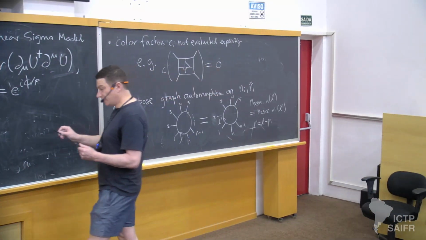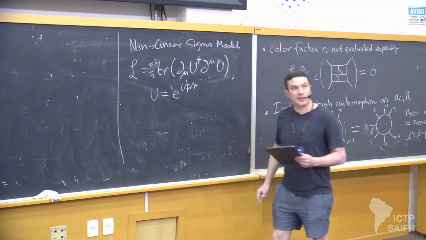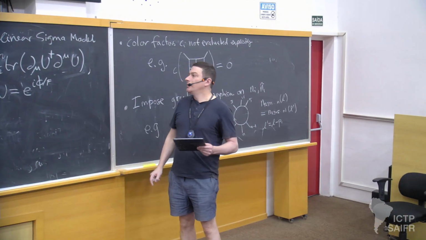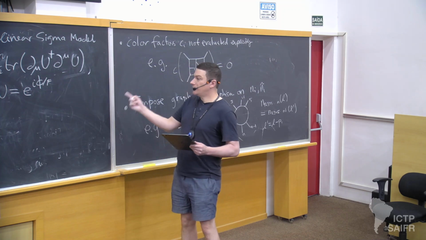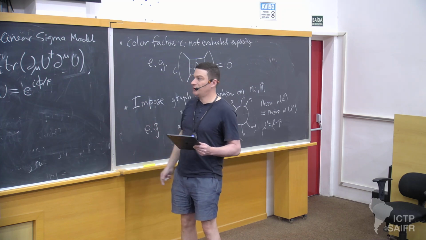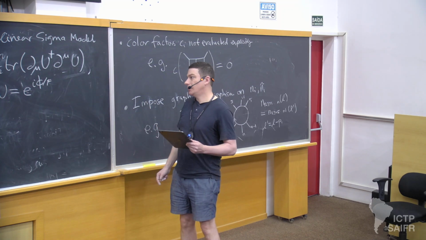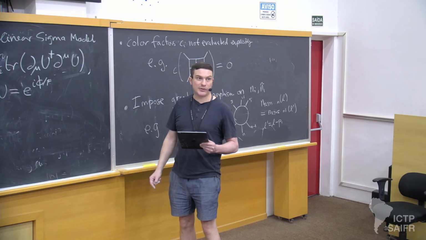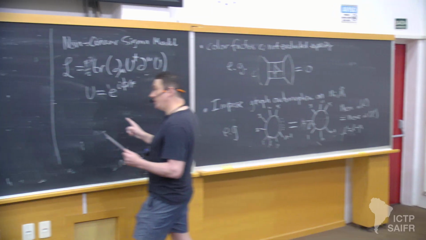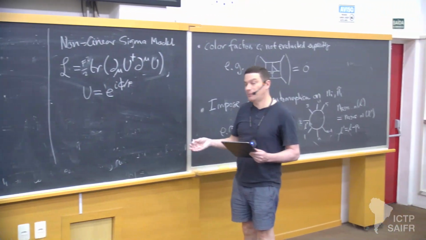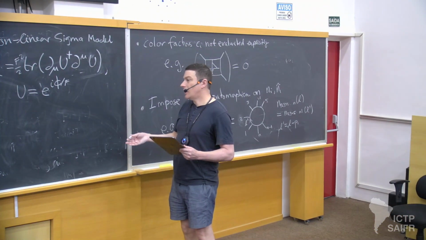But the point is that obviously this Lagrangian does not look anything like what we would expect from Color-Kinematics Duality, but there is a way to massage it, and there's been some work due to Clifford Chang and Xiao Shen. So there's a Lagrangian known that manifests Color-Kinematics Duality up to one loop.